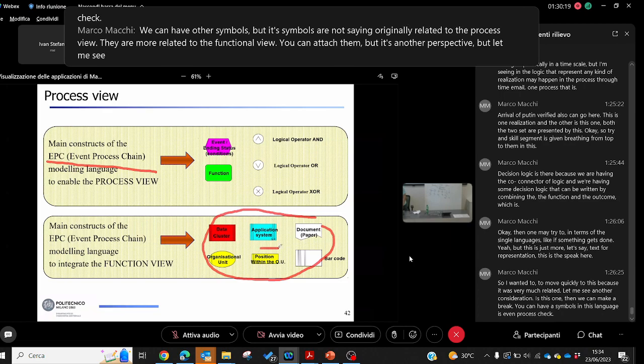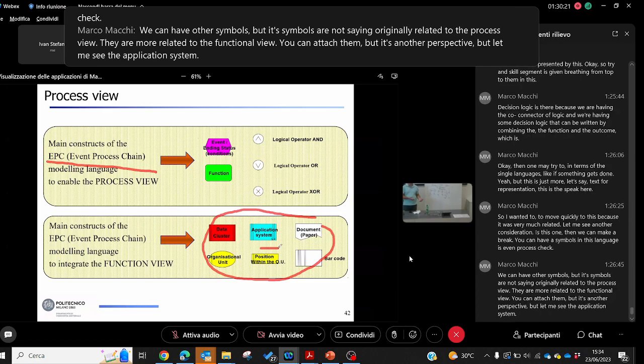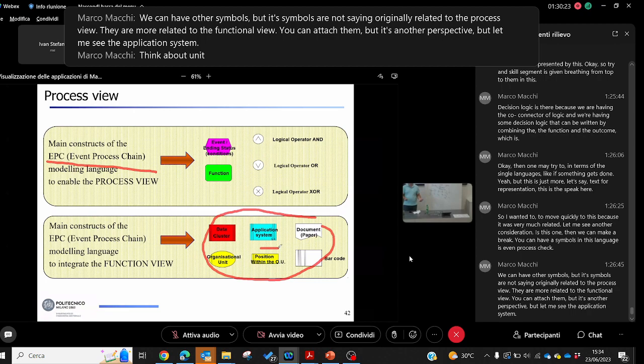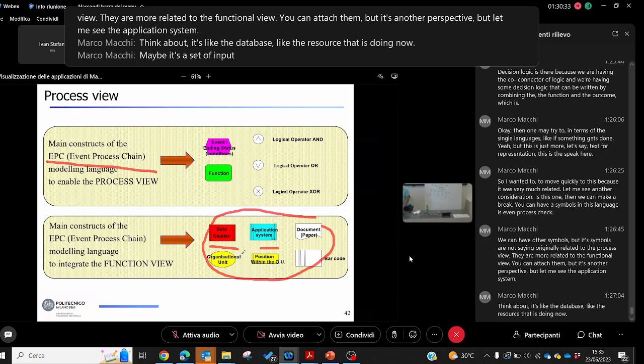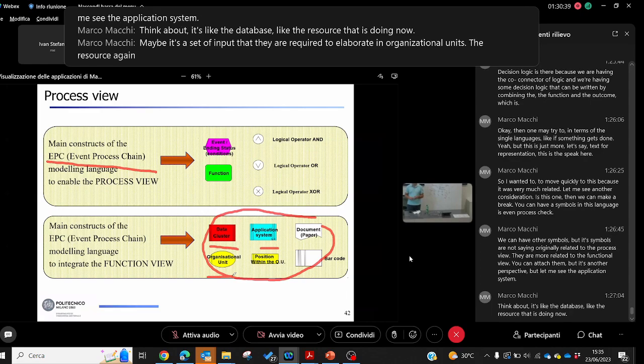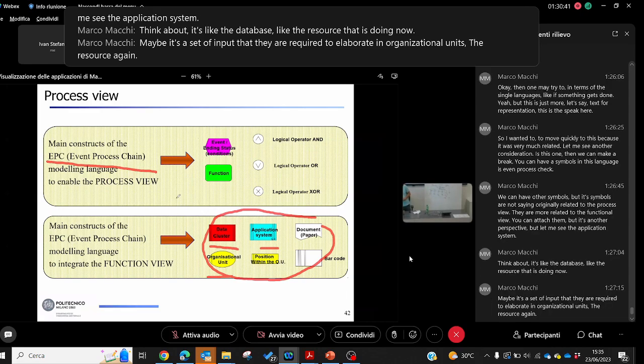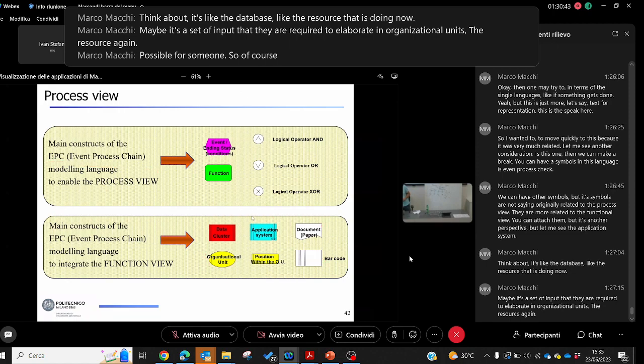The application system, think about it in IDEF0. It's like the database, like the resource that is doing everything. The data maybe is a set of input that are required to elaborate. An organizational unit is a resource again, right? Responsible for some activity. So, of course, there are other symbols that relate more to the needs of business process modeling.